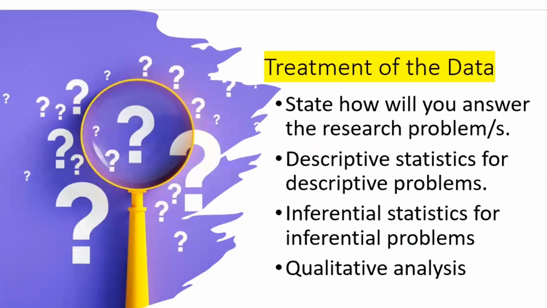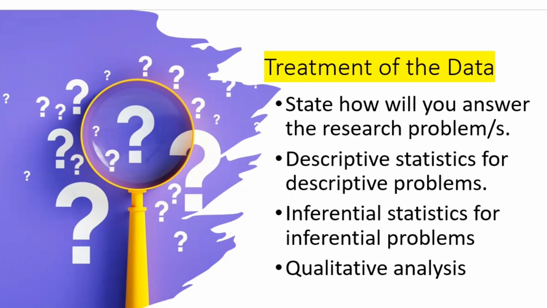Kasunod naman ang treatment of data. Nasa huling bahagi po ng research methodology, kadalasan makikita ang treatment of data. Sa treatment of data, you have to state how you answer the research problems.